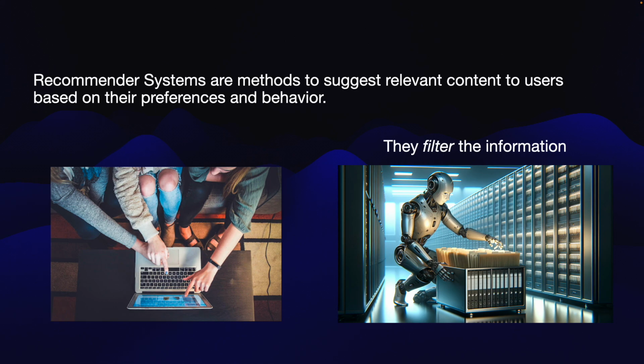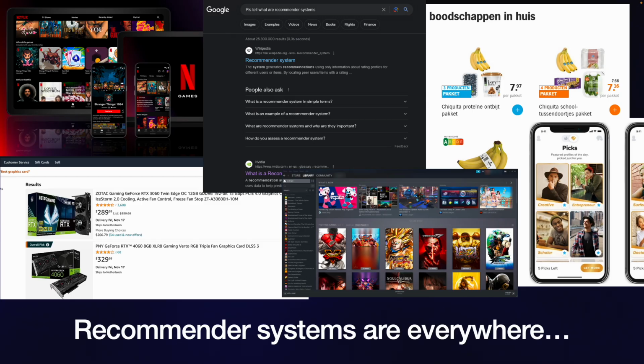One important piece of terminology is that the computers filter the information, so they actually look through all the information, and that's why everything is called filtering. I think all of you know how important recommendation systems are. They're literally everywhere. You have them in Netflix, you have them in YouTube, you have them in search engines. Any questions so far?